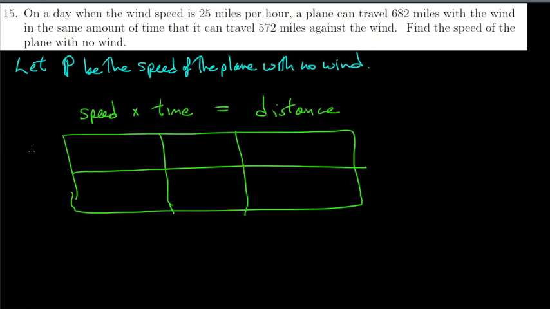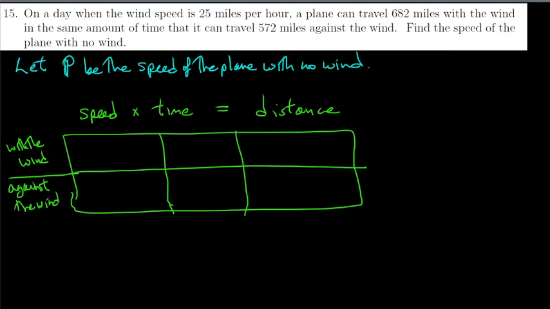Right. And what do we have? We don't have two different planes. It's the same plane, but one is going with the wind, and then it turns around and it travels against the wind. So those are the two situations.